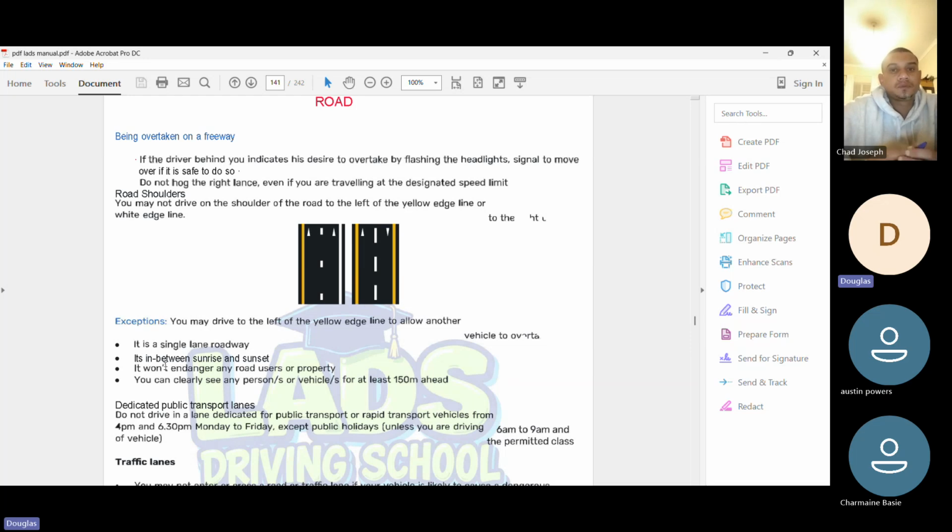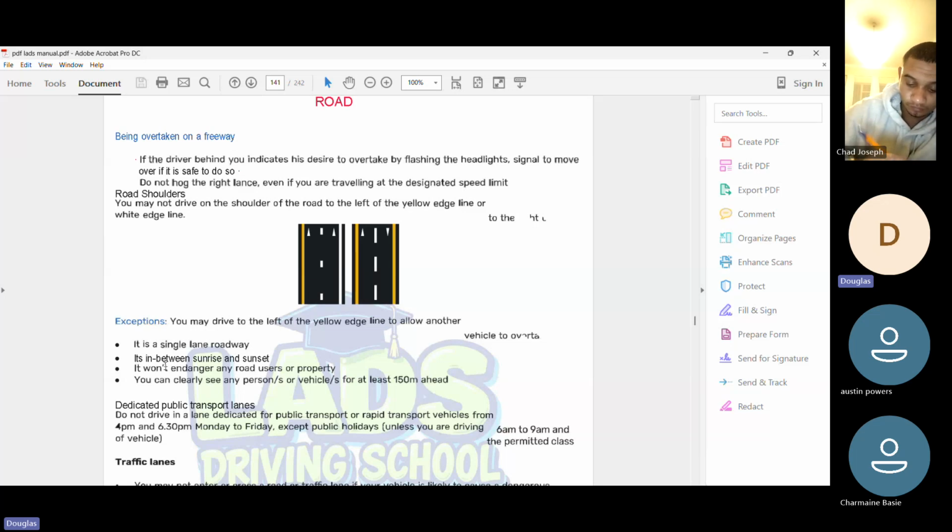So the only times when you are permitted to drive on the edge of the yellow line is when it is a single roadway and you want to move to the side to allow other traffic to pass. But this should happen only during the day, which is between sunset and sunrise.